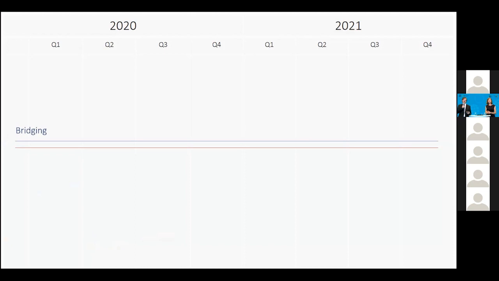So for BILT, one way that we wanted to facilitate that was through the hosting of either physical or virtual bridging events, to offer opportunities for networking and to share knowledge within the different BILT thematic areas. And so, as you can see on the screen, we do this via our bridging line of work.